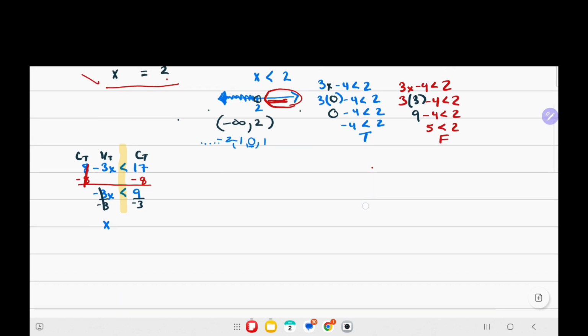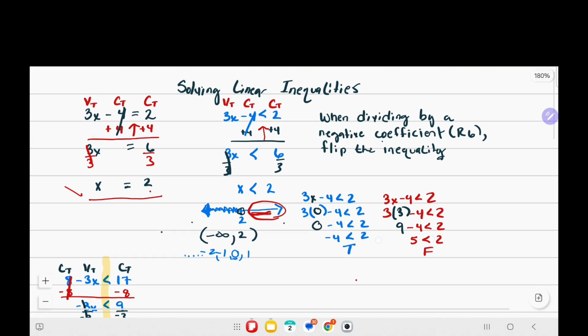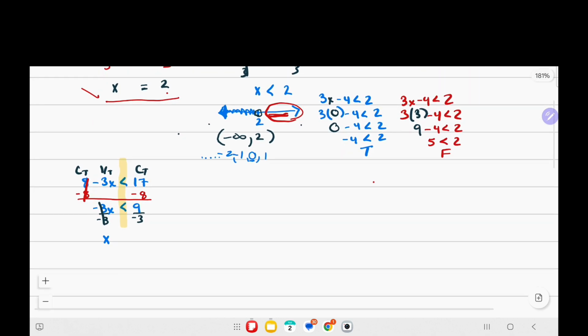The rule that we wrote says whenever we have to divide by a negative coefficient, that's rule 6, we have to flip the inequality. Let's do that. So instead of that being a less than sign, we're going to flip that to a greater than, and 9 divided by negative 3 is negative 3.